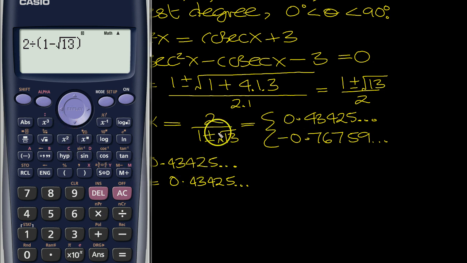This one, it was the plus one. That's in answer now, and then it's shift sine of answer, and that's it. 25 point something, to the nearest degree. Well, we'll keep it accurate to start with: 25.738.